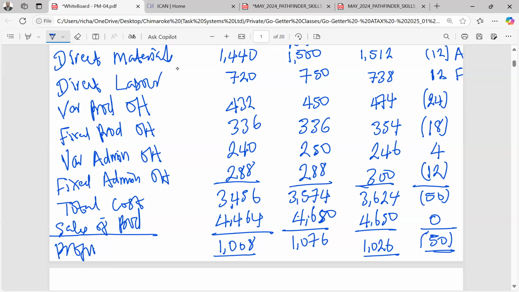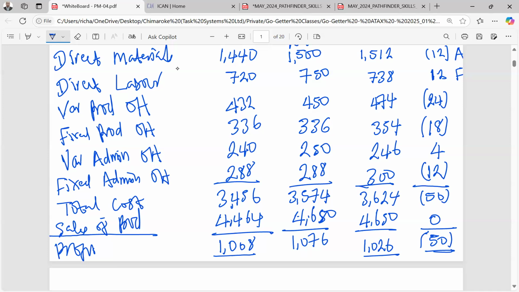When it comes to sales, we'll be doing actual minus budget. That's the other way around. It comes to profit to be actual minus budget, the other way around. So you have 50. You see here your cost, you spent 50,000 naira more than you are supposed to. And so your profit was 50,000 less than it was supposed to.